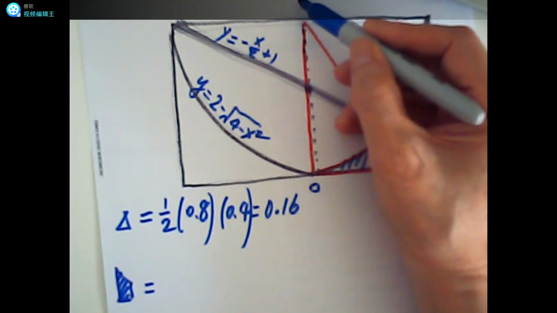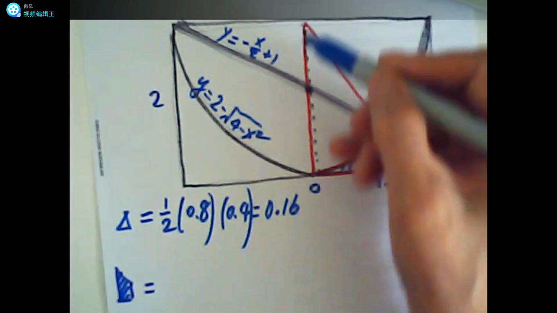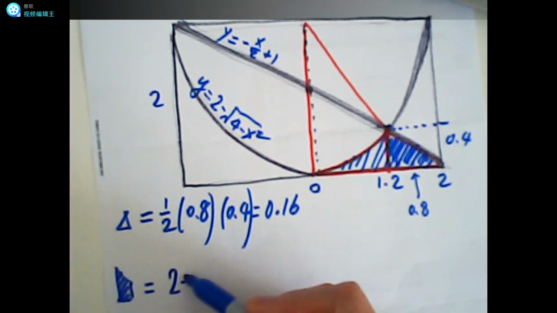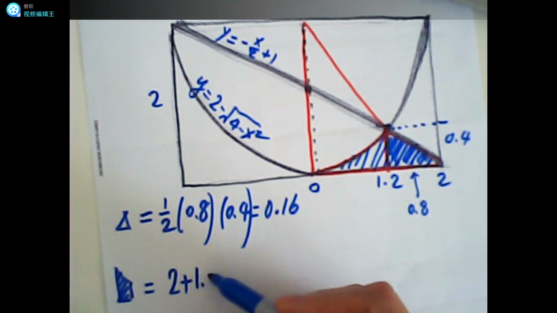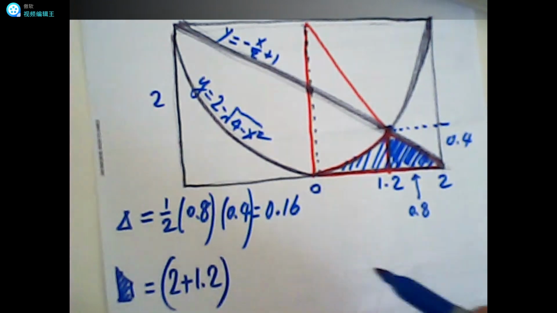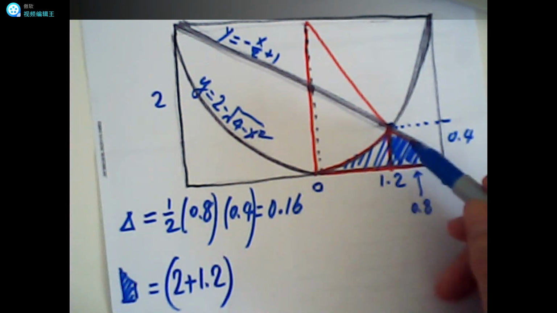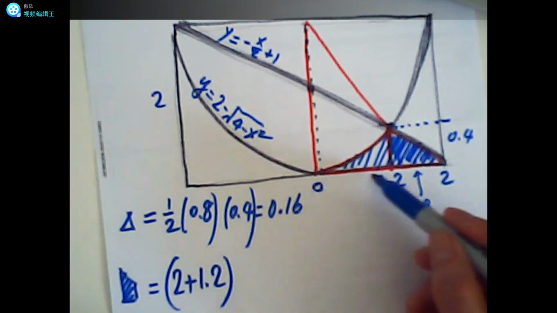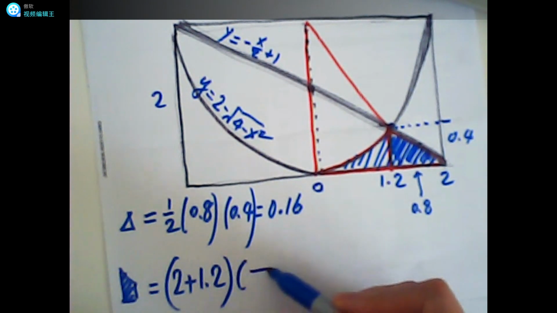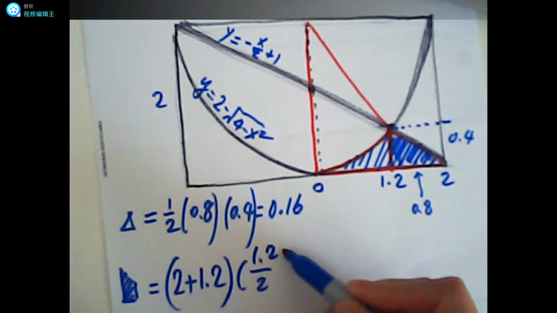This is 2, this is 2, right? 2 plus, this is 1.2, times the half, times the height, the half 1.2, right?